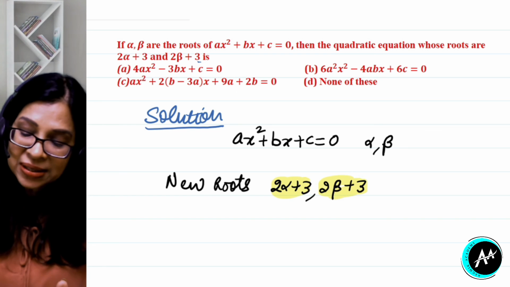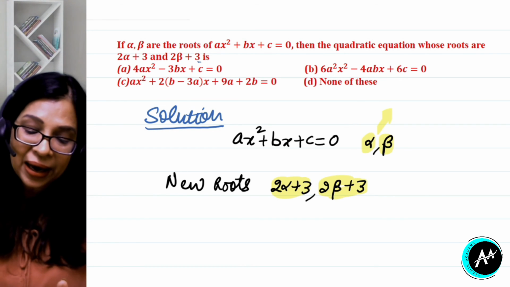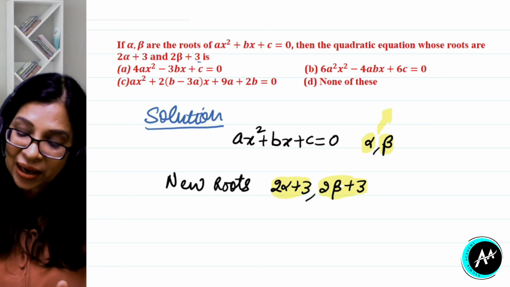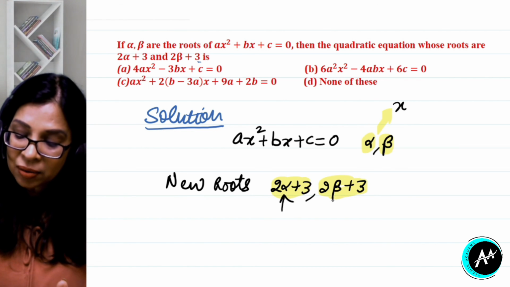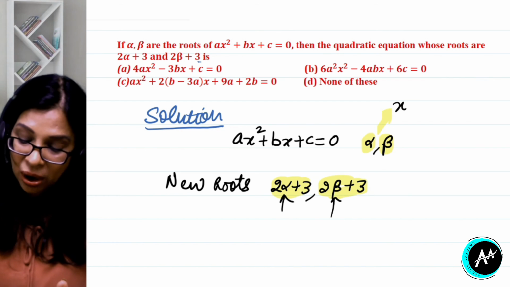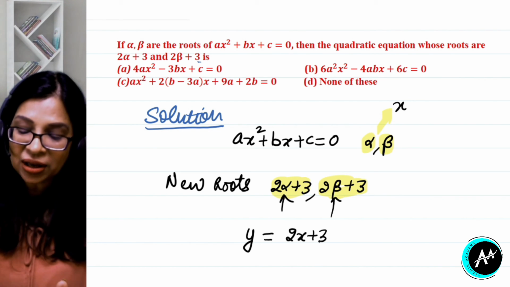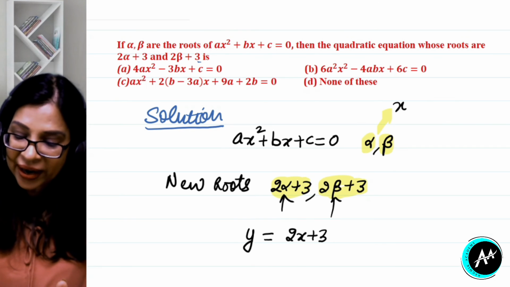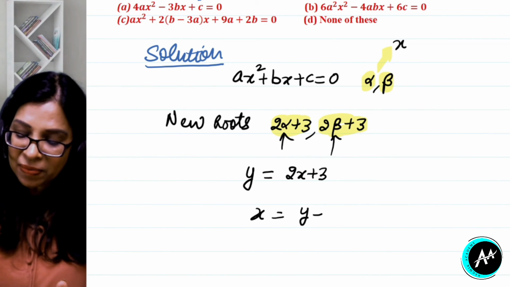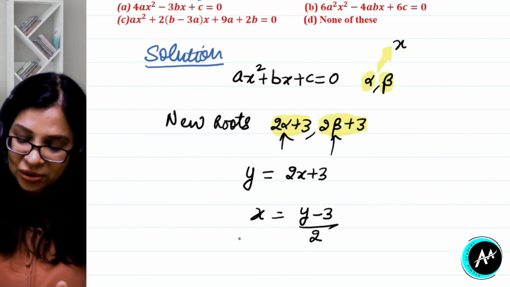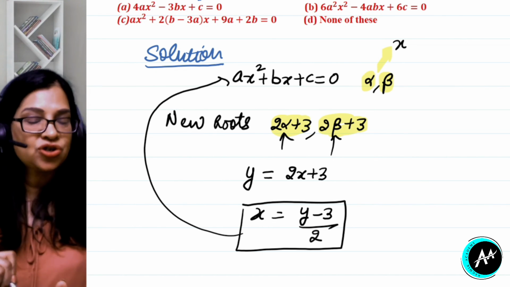If the roots are alpha, beta, that means these are the values taken by x. So here alpha and beta mean values of x. So I take the substitution, let y be equal to 2x plus 3. Let us find x. So x in this case would be equal to (y minus 3) upon 2. This is the value of x which we are going to put in the original equation.